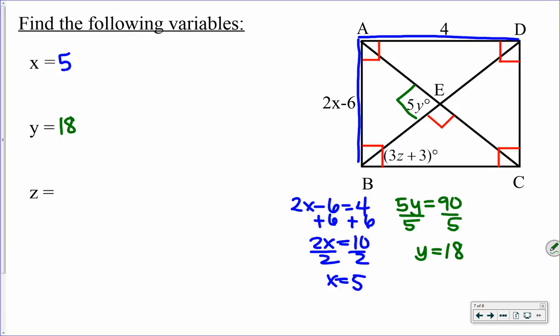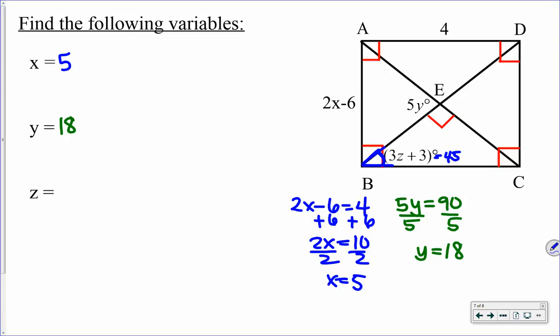Our last one, z, let's take a look where that's at. Well, z is at this angle right here. We know that the whole angle is 90, and then that diagonal bisects that angle into 2 equal pieces. So this half of that angle is 45.